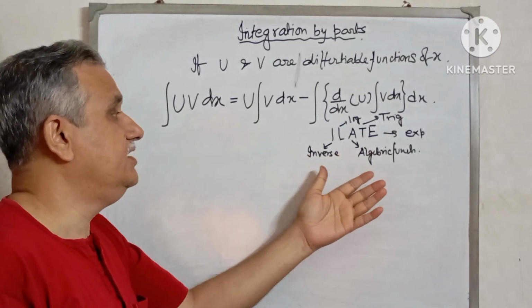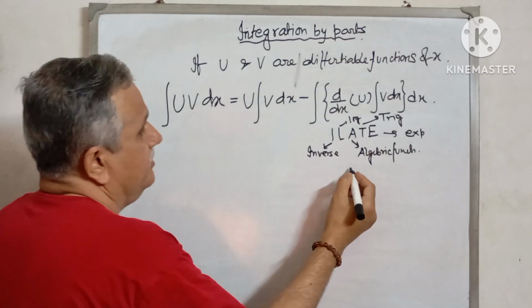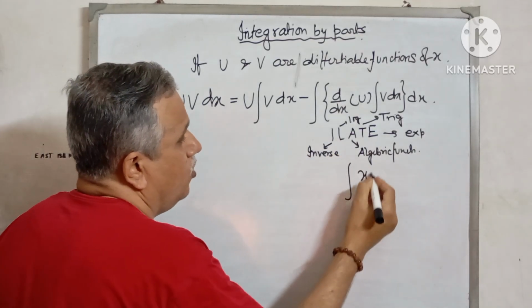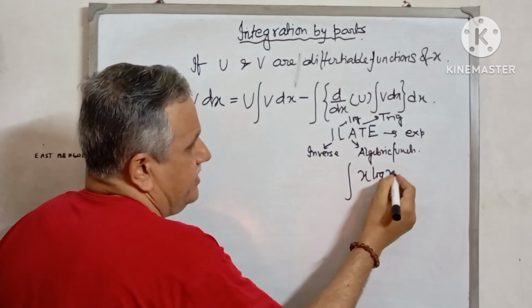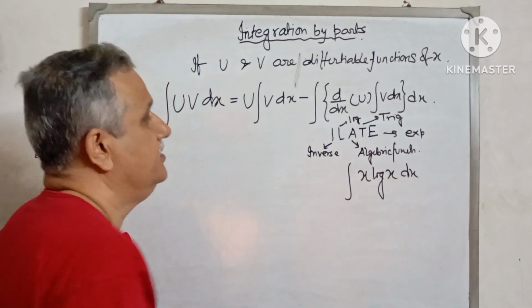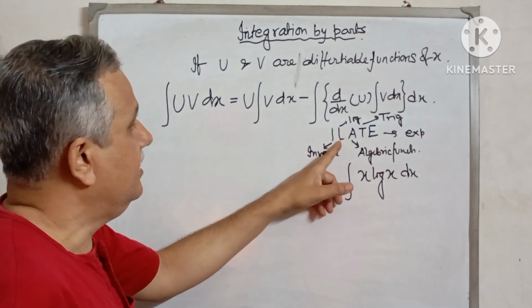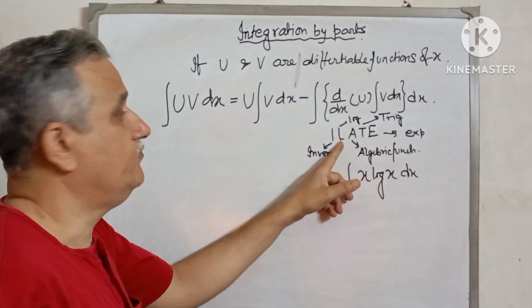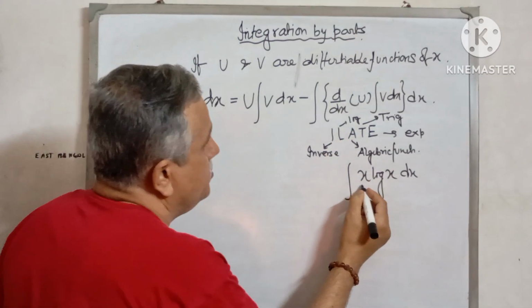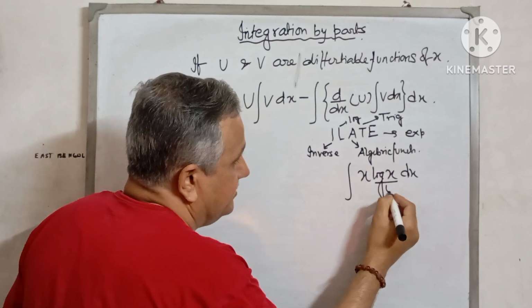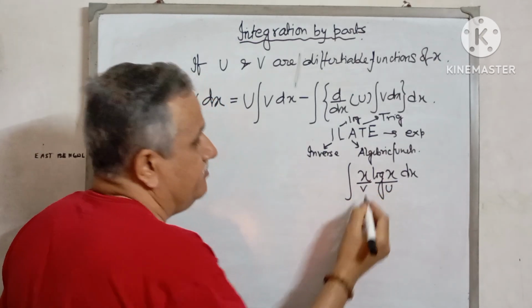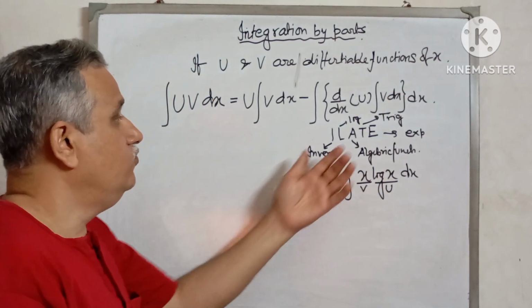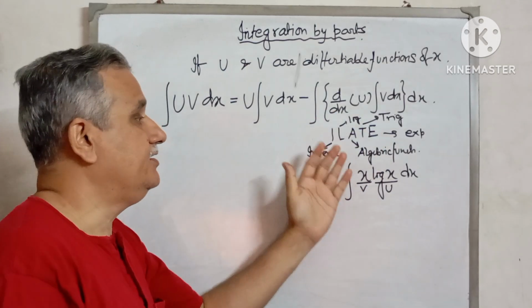If we consider a problem, say integration of x into log x dx, here logarithm comes before algebra. So we take log x as the u function and the algebraic function x as v.